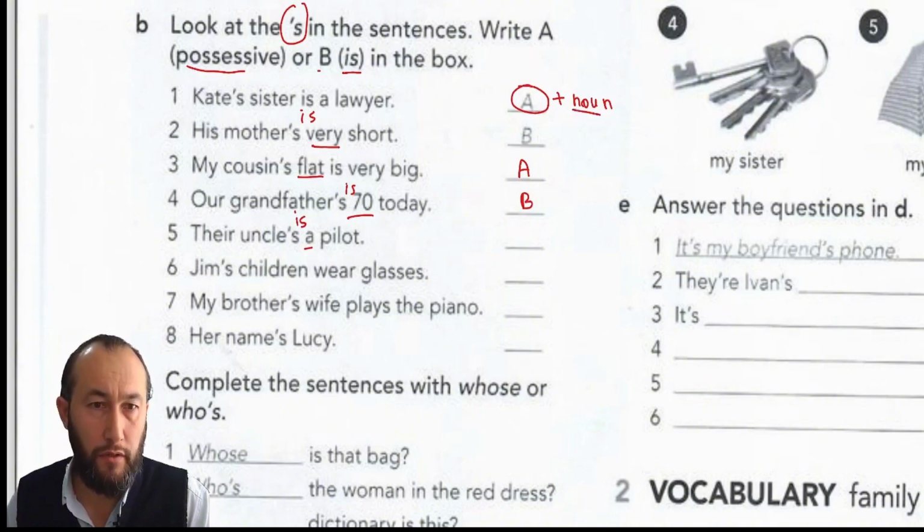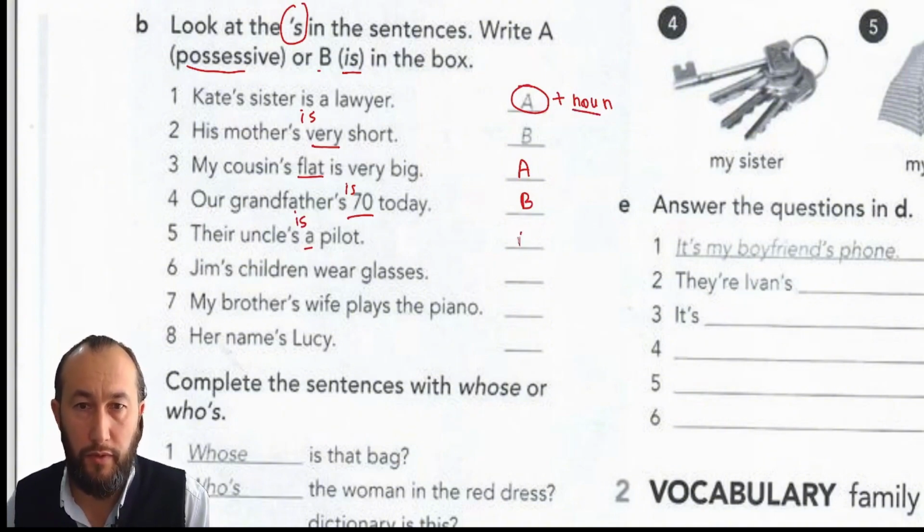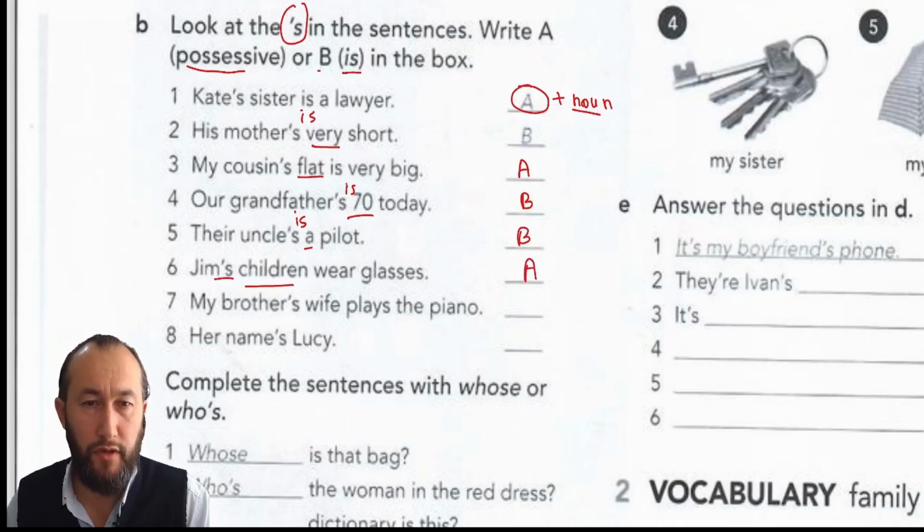Jim's children wear glasses. Children is a noun, so that is possessive. We're going to put A here. My brother's wife. Wife is also a noun, so that is possessive, A. Her name is Lucy.